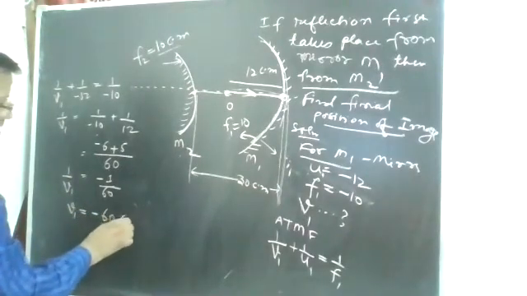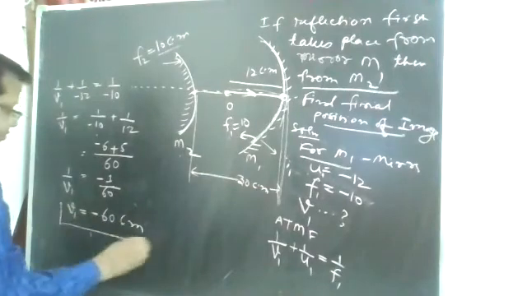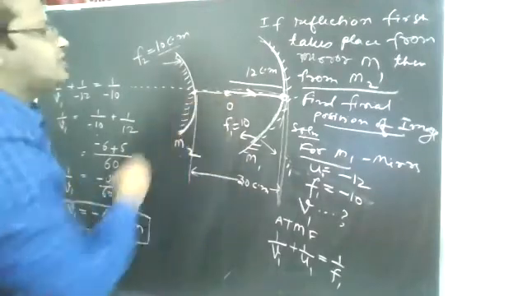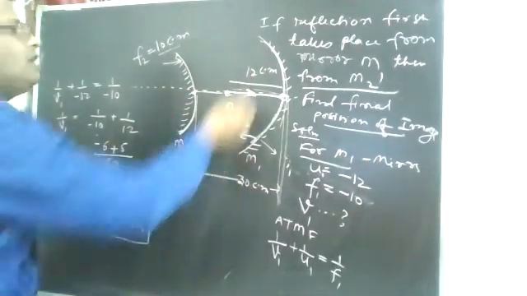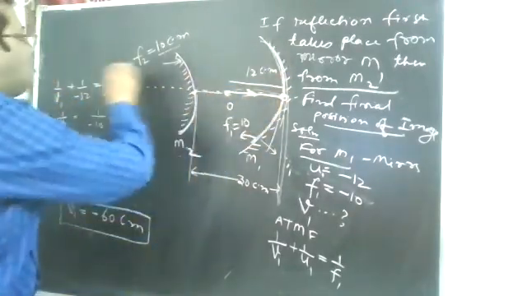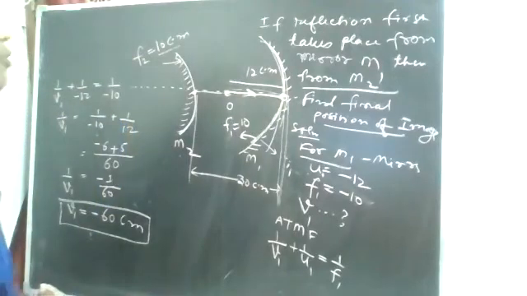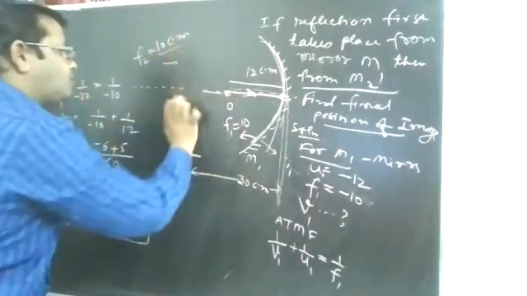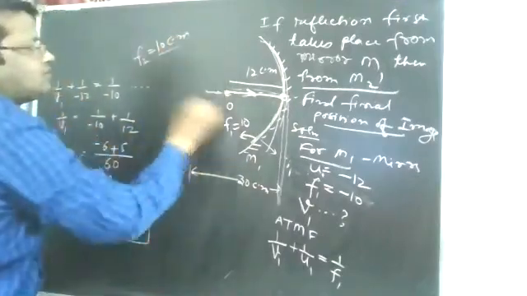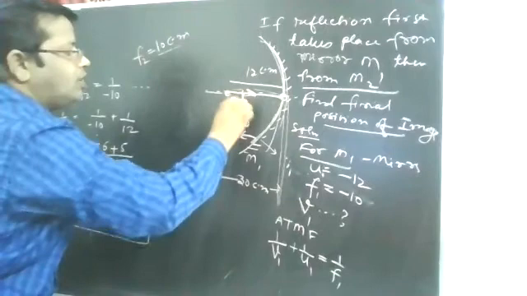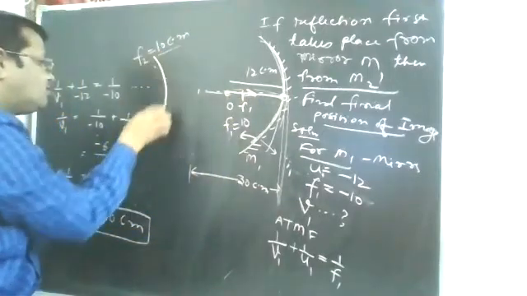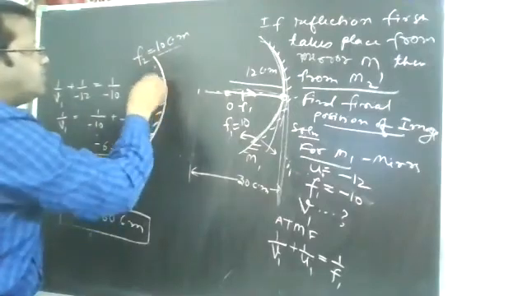It means that if you draw the diagram of this image, the image formed by this mirror will be here. How can we draw? This is the object. If you take the proper distances, this is 10 centimeter, F1, this is 20, this is 30. This is mirror 1, second mirror.